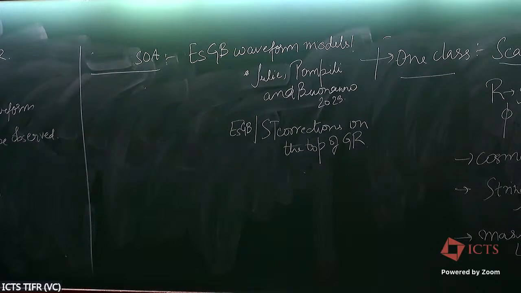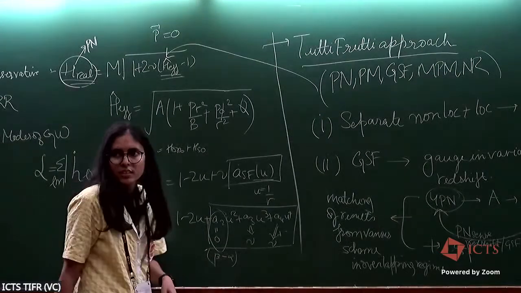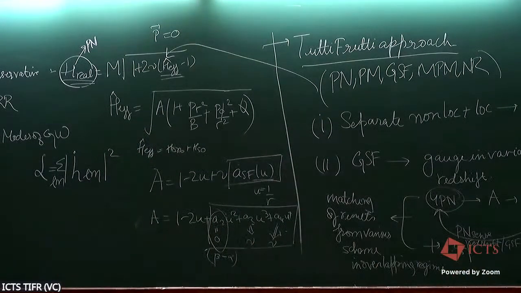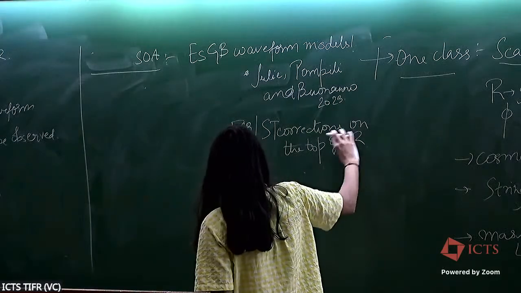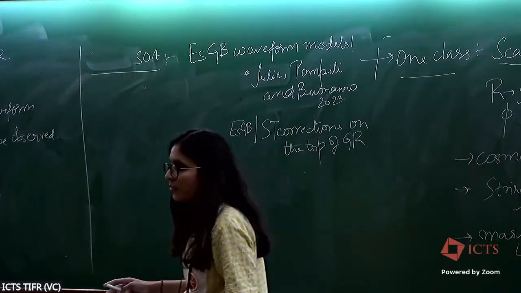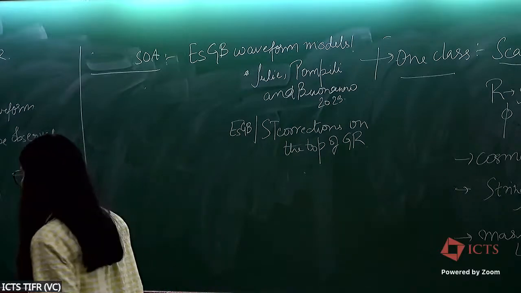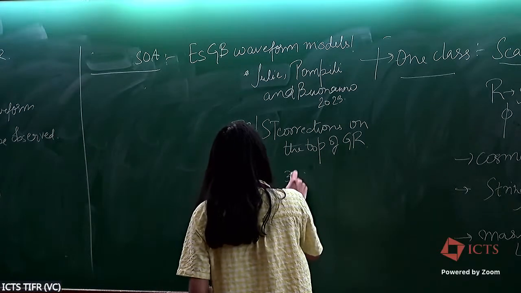Yes, exactly. So it's like, I said there are scalar tensor parameters alpha and beta. So it's like beta minus some alpha. So I was saying that since the scalar tensor corrections are small and they are added on the top of GR, and the state of the art is only the 3 PN results with all the information on ESGB, all the information from GR, like the 5 PN information that we have for a potential from GR is considered as it is, and 3 PN results here.